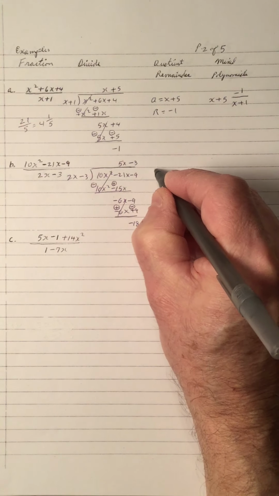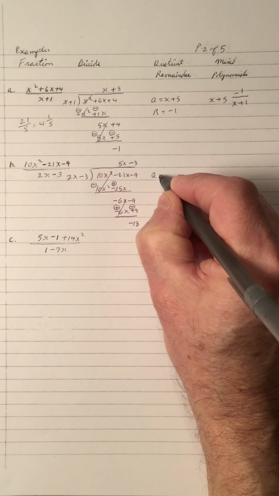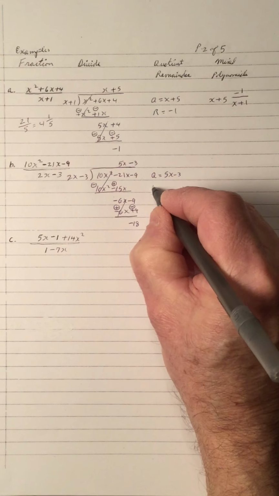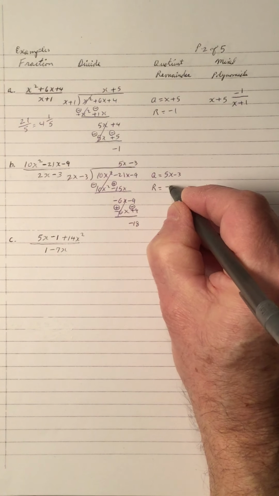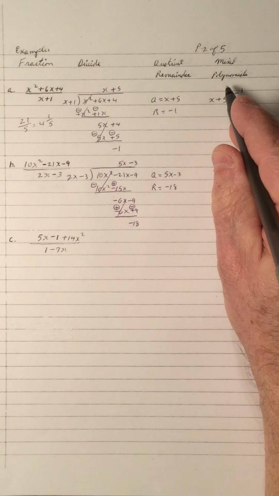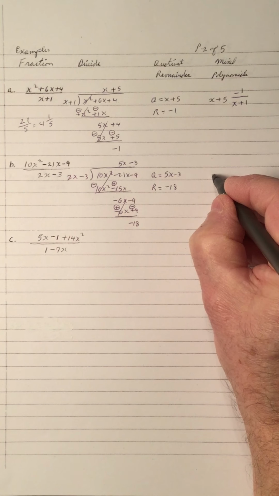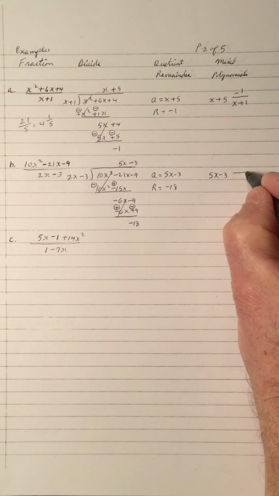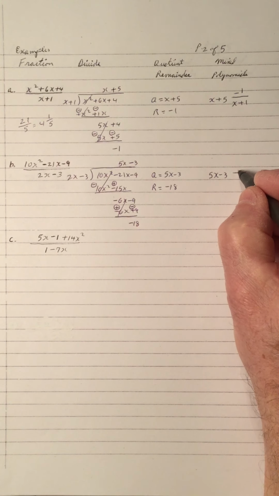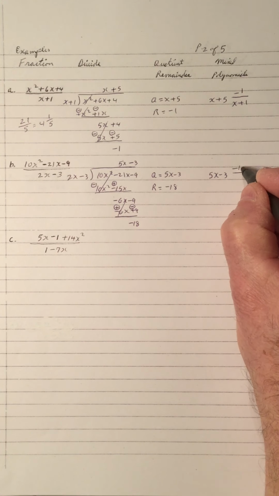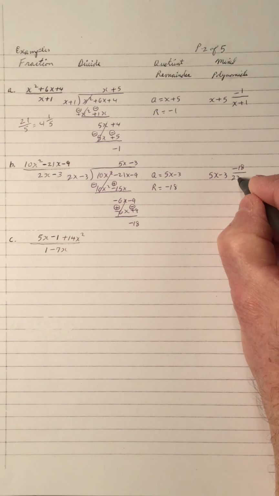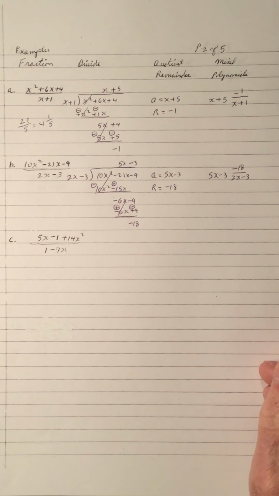So we have a quotient, which is 5x minus 3, and the remainder is negative 18. In terms of the polynomial, the quotient 5x minus 3 goes right here, and the remainder, negative 18, goes over your divisor, which is 2x minus 3.